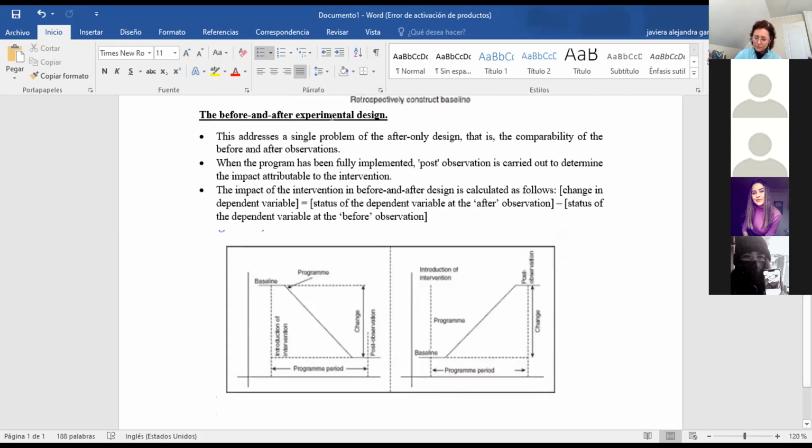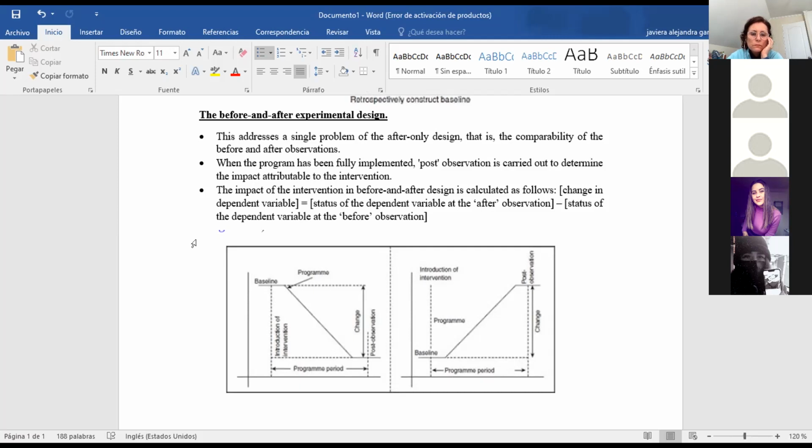And in this experimental design, the problem of the before and after design is the comparability of the before and after observation. The program has been fully implemented by post-observation, and then the impact attributable to the intervention is determined.